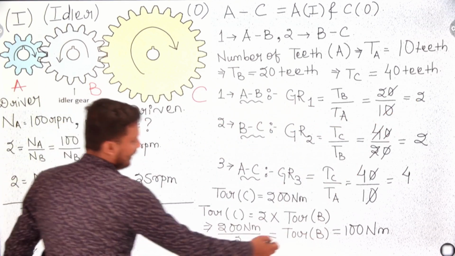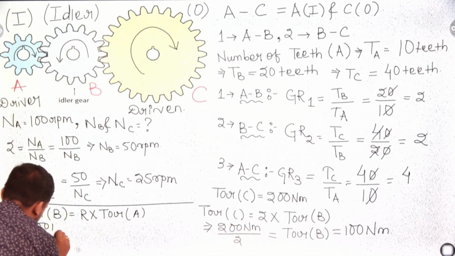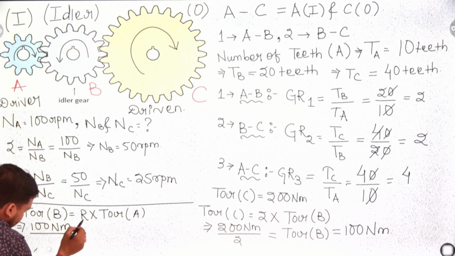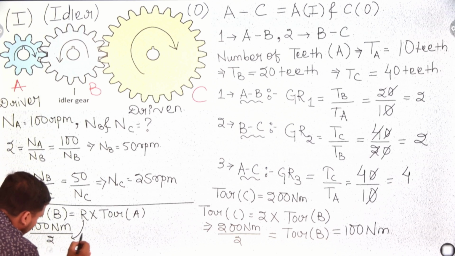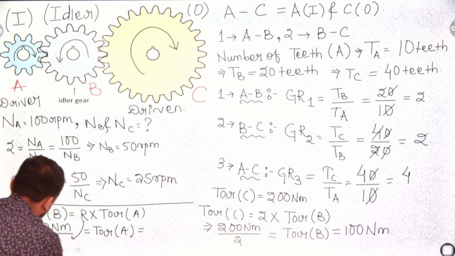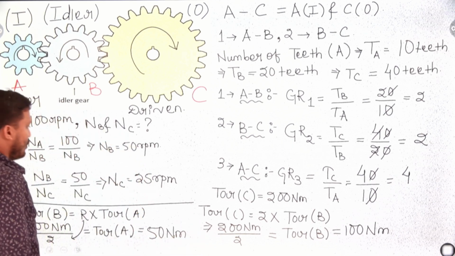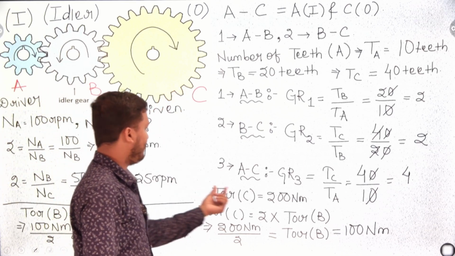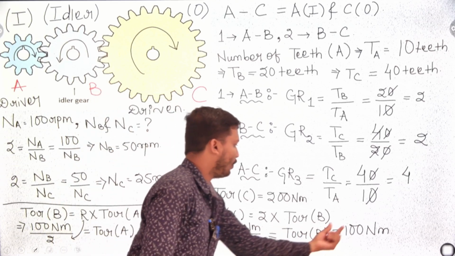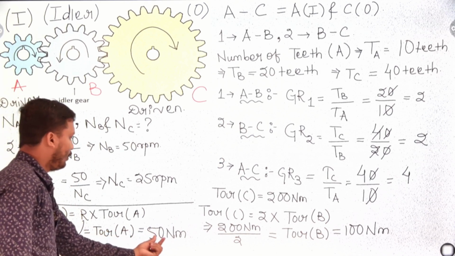Torque B is 100 Newton meter, divided by R equal to 2, is equal to torque A. So torque A is equal to 50 Newton meter. So what is happening? Torque C is 200 Newton meter, torque B is 100 Newton meter, and torque A is 50 Newton meter.